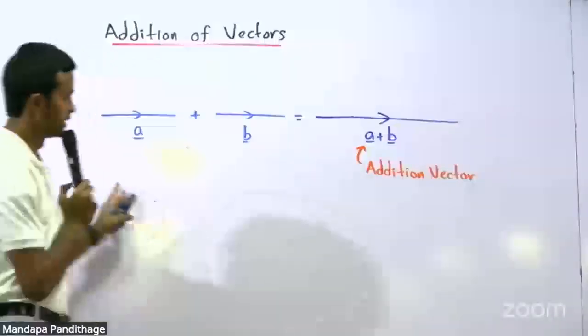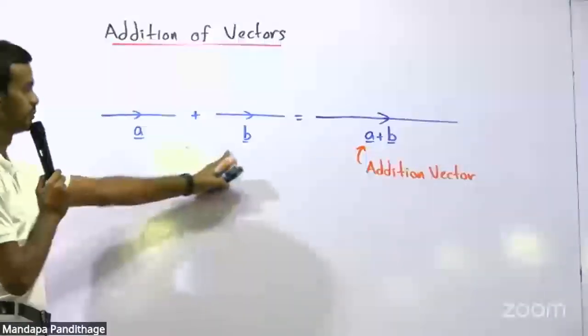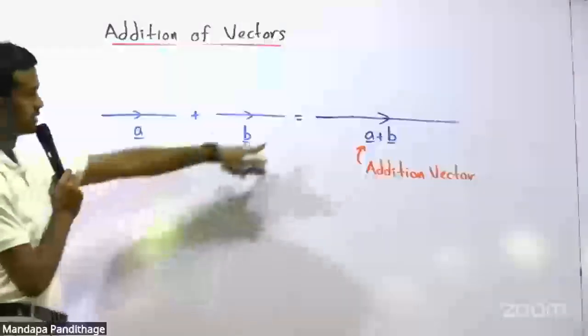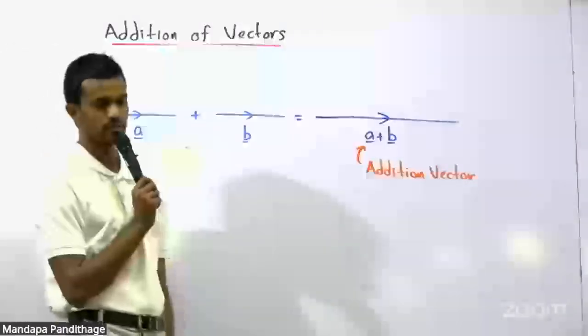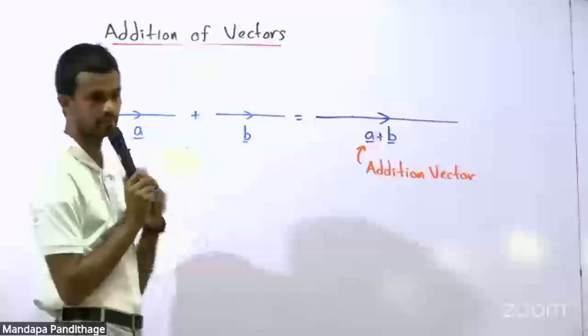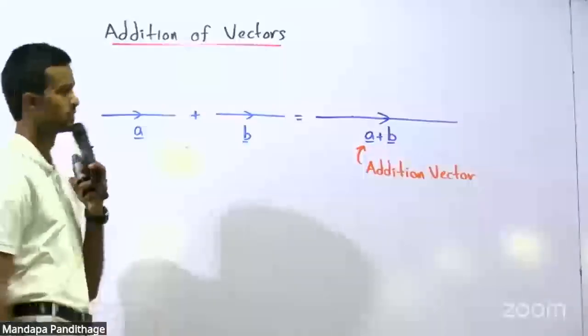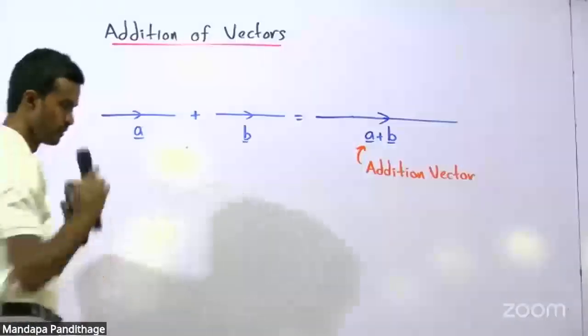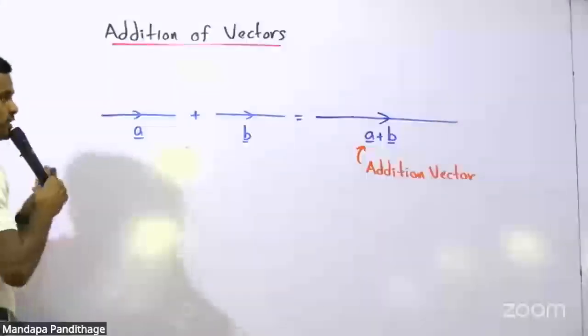For this one, we have A and B equal in direction. So the addition vector is in the same direction, and you can see the magnitudes get added to each other, A plus B. This is not only valid for two vectors.